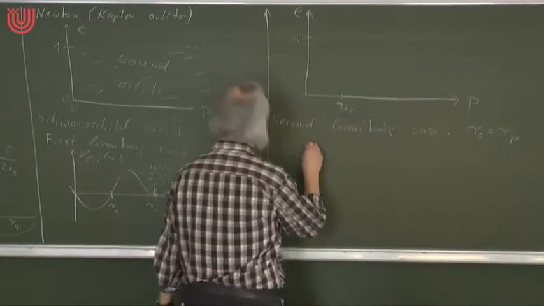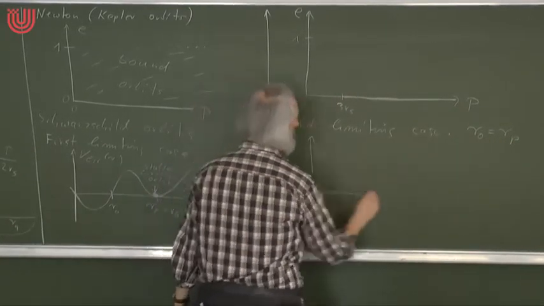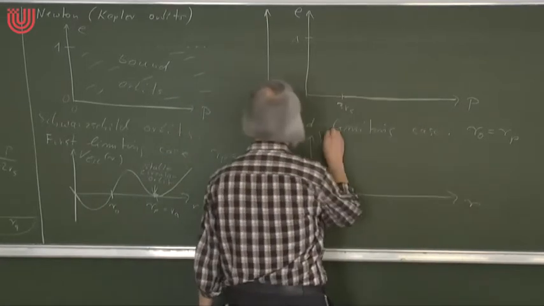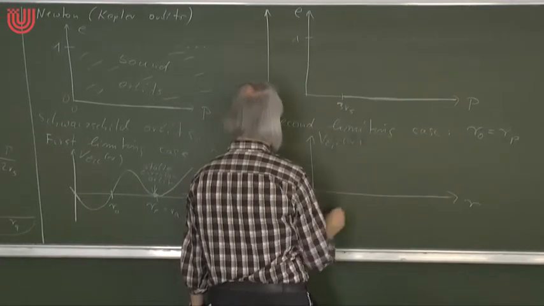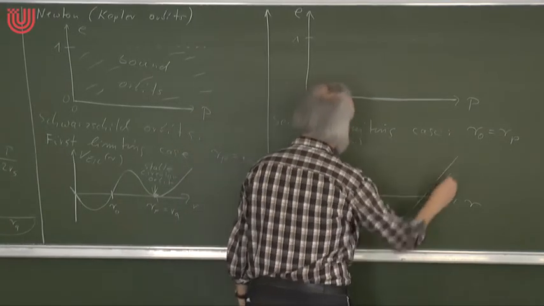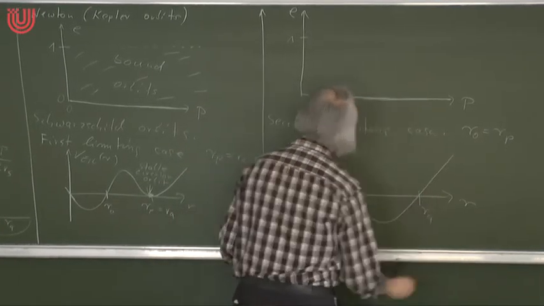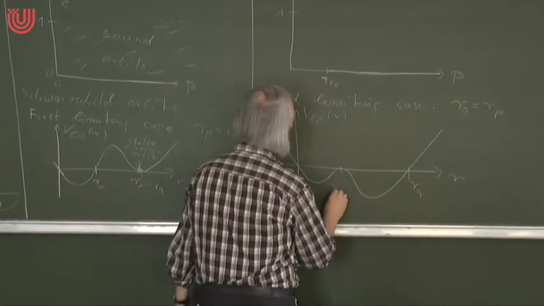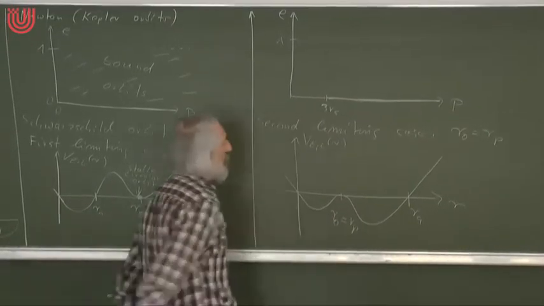R0 is Rp. Let me draw the graph. Then it goes down here, then it touches the axis and goes up here. Here we have the apocenter, and here we have now R0 equal Rp.